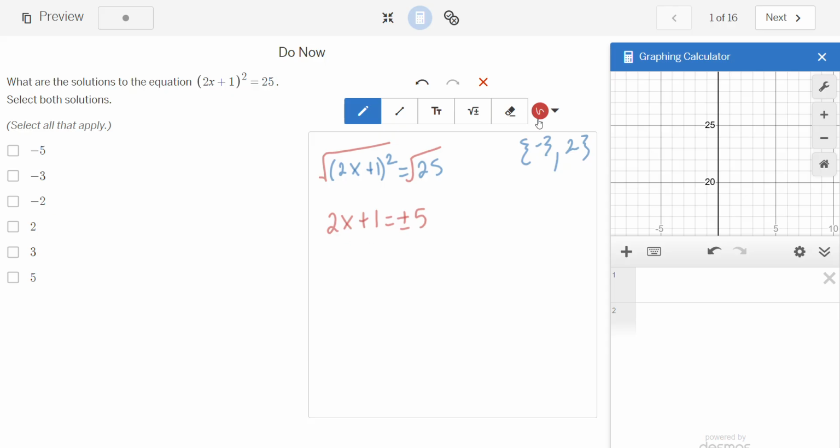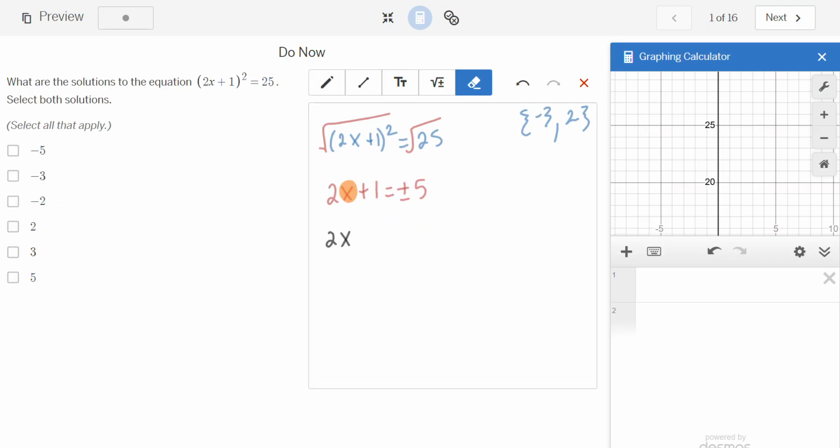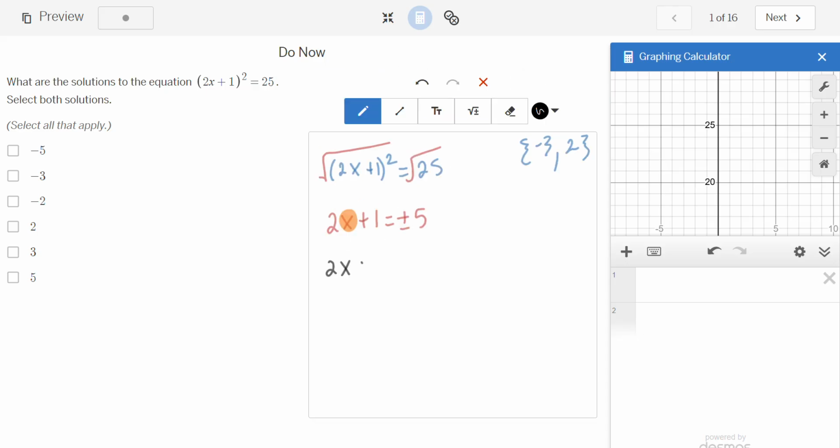Now, our goal here, again, is to get x by itself. So now, in order to meet this goal, I'm going to move the 1 over. So 2x is equal to -1 plus or minus 5. Now, there's a couple ways you can look at it at this point.